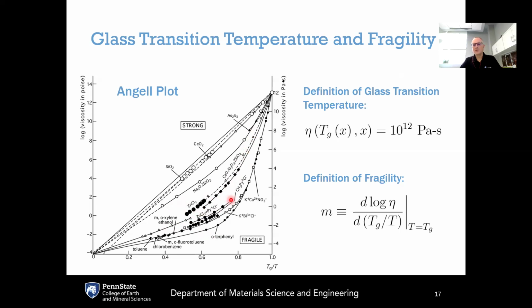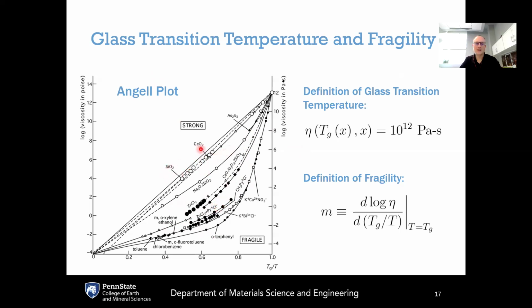The next concept that I want to introduce is due to Austin Angell, who was a professor at Arizona State University. And one of his major contributions to science is the so-called Angell plot, where what he did was he took the viscosity versus temperature data for a wide range of different glass-forming chemistries.